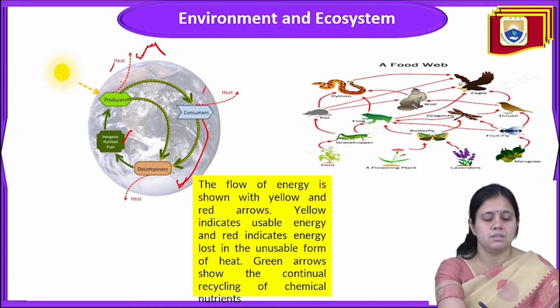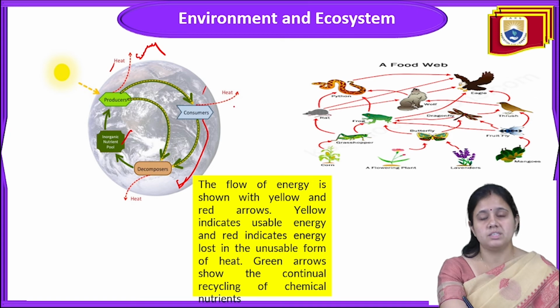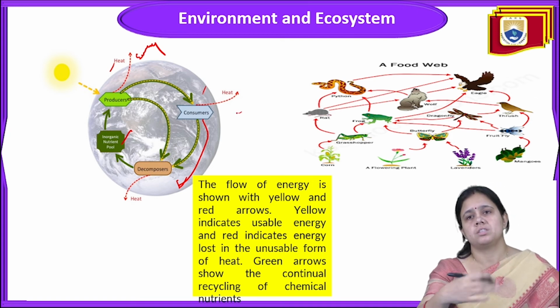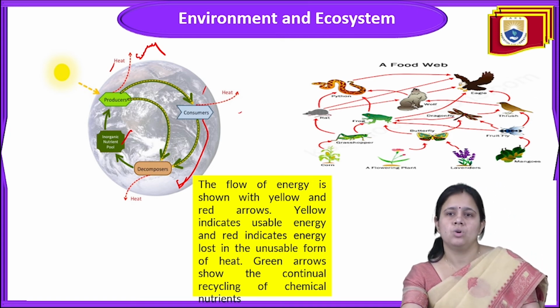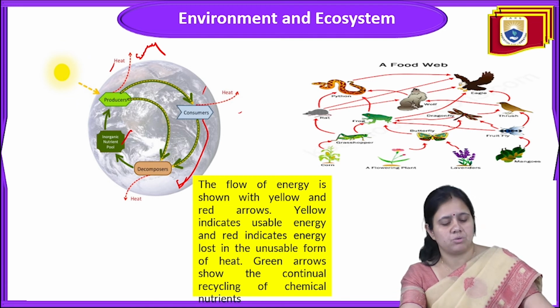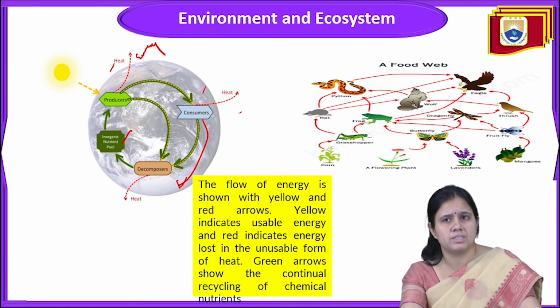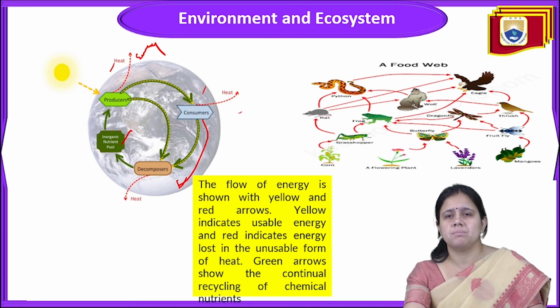The green arrow shows the continual recycling of chemical nutrients, meaning that at every trophic level some decomposition is there. That's why the green arrow is there, and some amount of energy is lost in the form of heat.